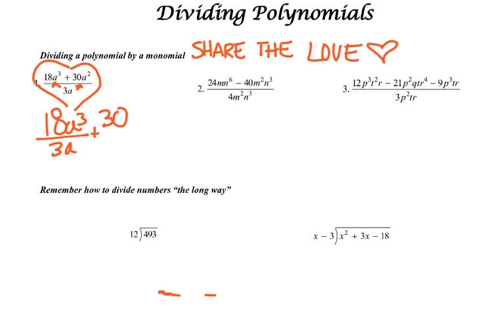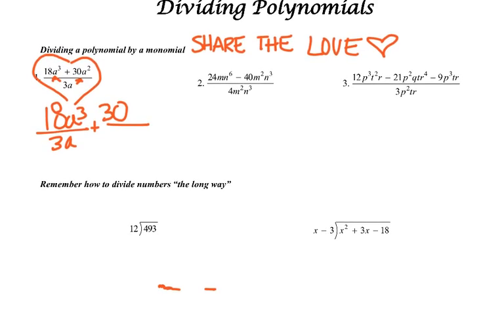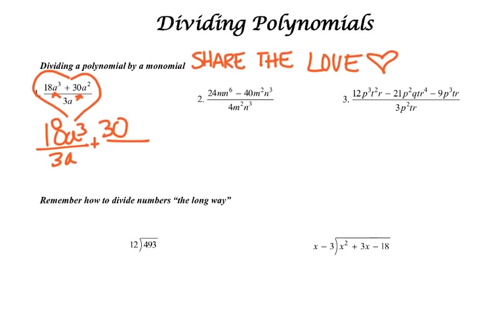So then we would share the love and we would divide each of those. So here this would turn into 6a squared plus 10a.